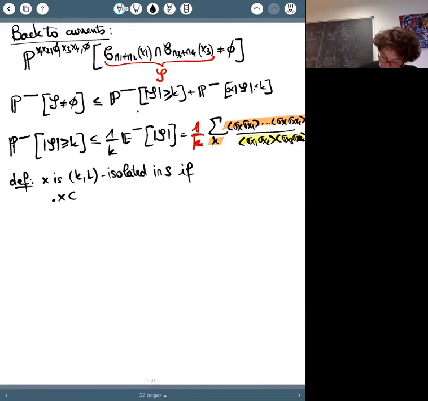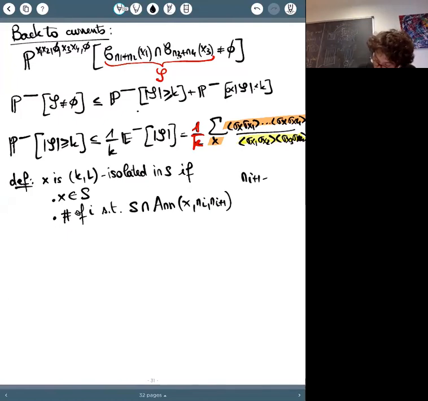X belongs to S, and the number of i such that S intersects A_i of X. Remember A_i of X is the annulus centered at X with inner side N_i and outer side N_{i+1}, so N_{i+1} is N_i squared. Such that this is non-zero, this is strictly smaller than K. Maybe let me not use K here because it's going to collide with the other notation.